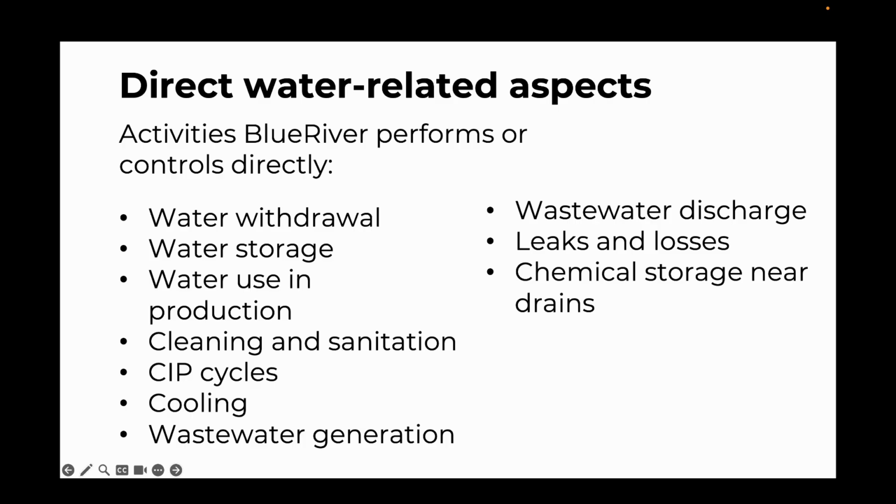And wastewater discharge is a direct aspect because BlueRiver generates wastewater and sends it to a treatment system or discharge point. Chemical storage near drains can also be a water-related aspect because a spill may contaminate surface water, groundwater, or stormwater systems.